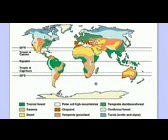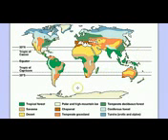Let's look at our marine biomes, or our aquatic biomes. Actually, before we do that, let's look at this map that shows how these different biomes are distributed across the planet. Again, we see a very heterogeneous distribution, some patchy areas, but almost every continent has each of these biomes.